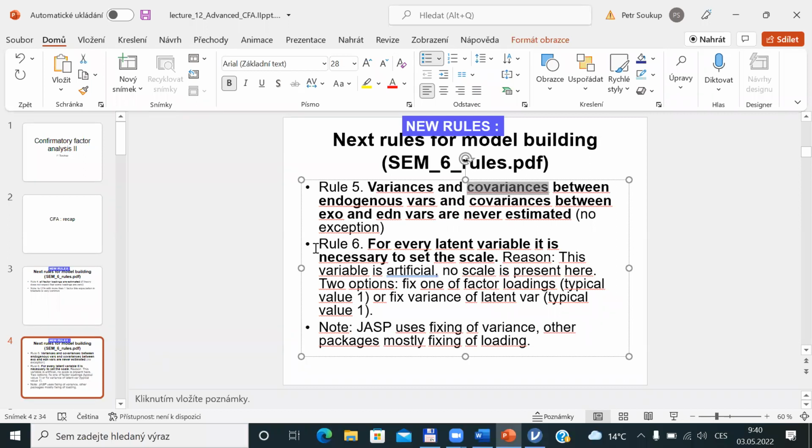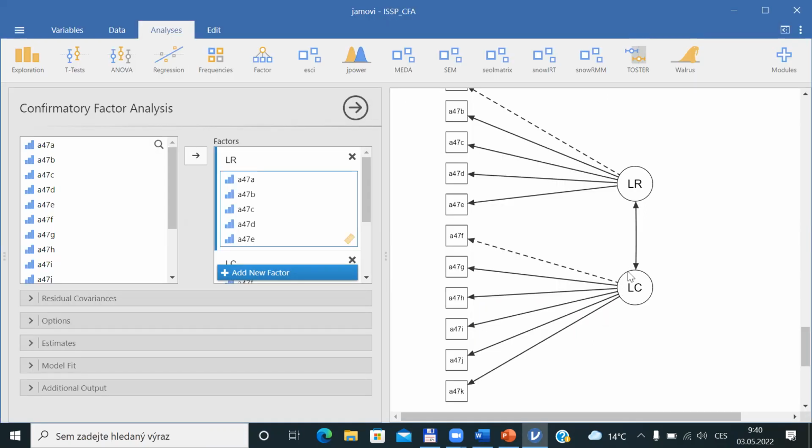And rule number 6 says that if you have some latent variable, so here mainly these 2 factors, LR and LC, then we need to somehow set up the scale for this variable, as it is a totally artificial variable with no scaling at all.